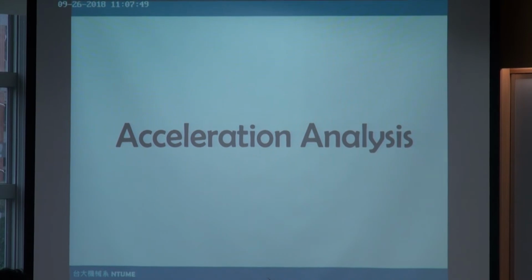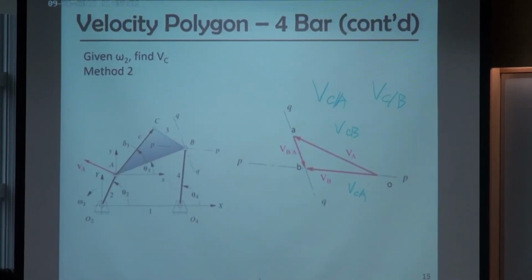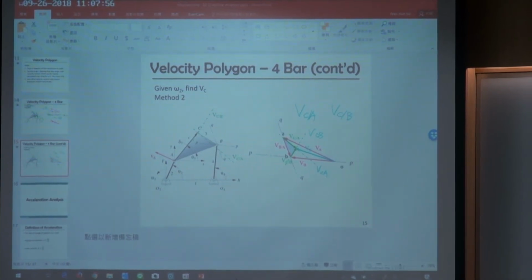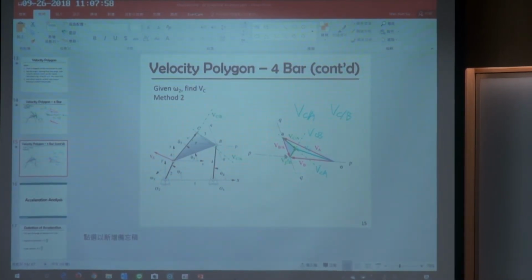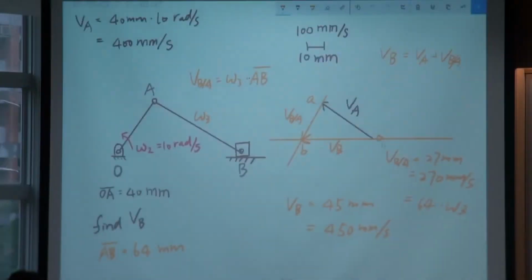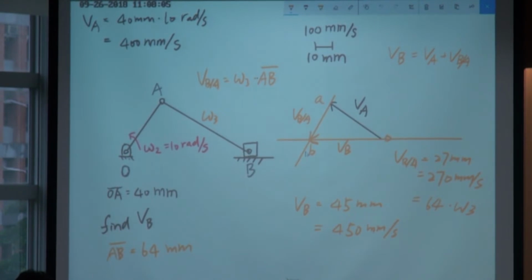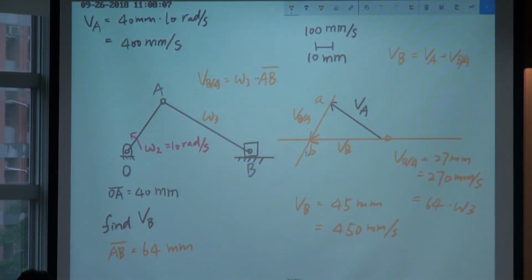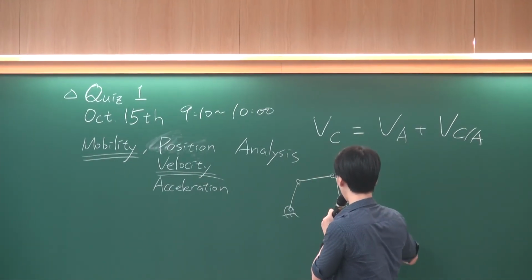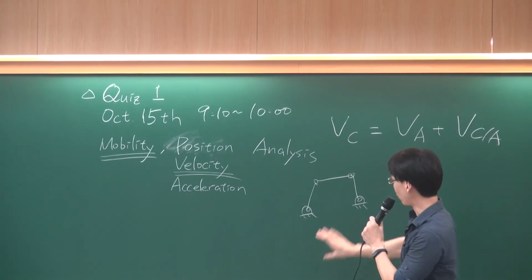And then we'll move to, just one thing to remind you. In the 4-bar linkage, when I say 4-bar linkage, I mean this 4R linkage, a linkage with 4 R joints.